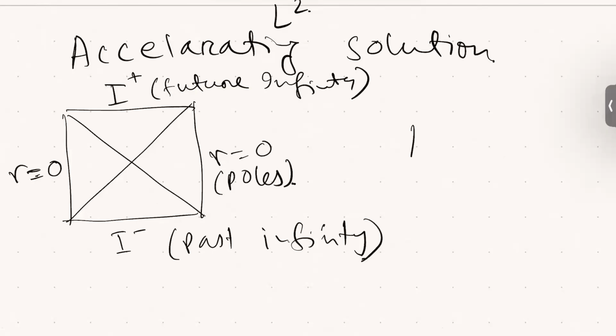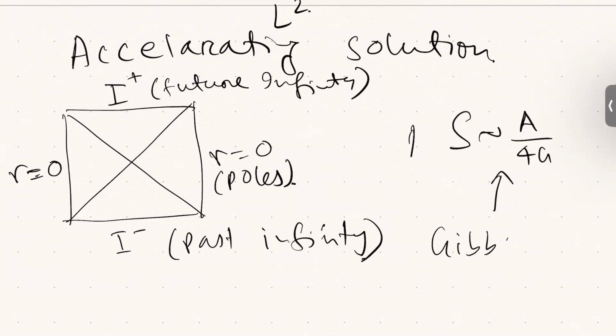Okay, and this also has an area, also has an entropy. It's called Gibbons-Hawking entropy.